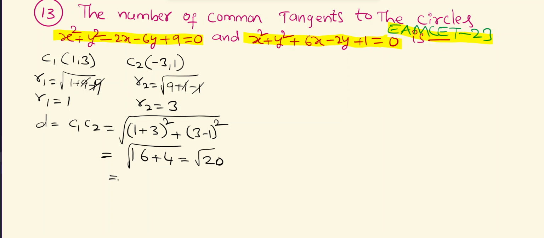Root 20 is 4 into 5, this is 2 root 5. So this is the distance between the centers.